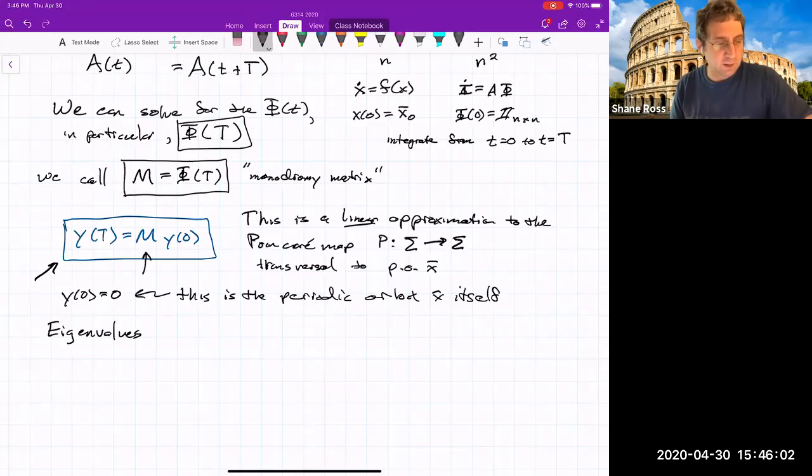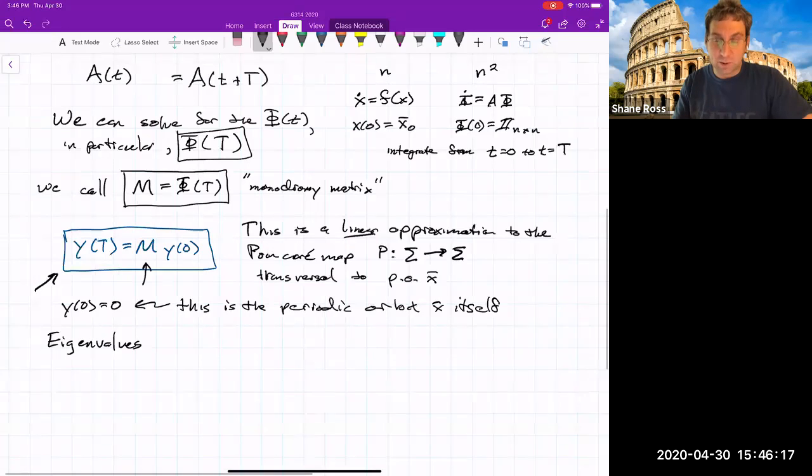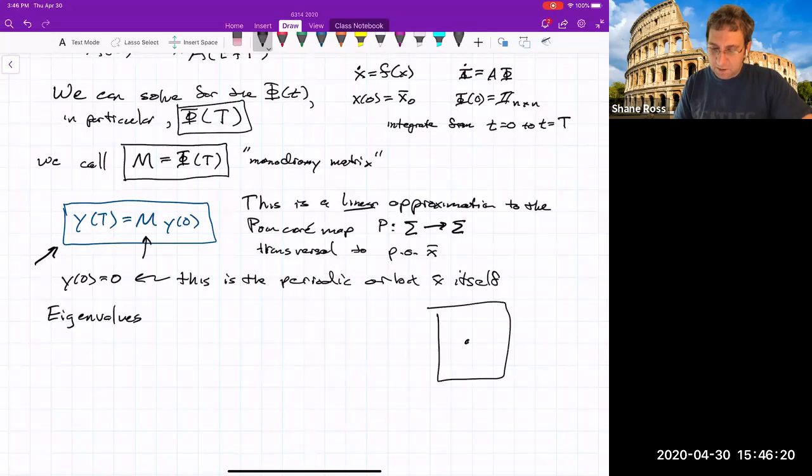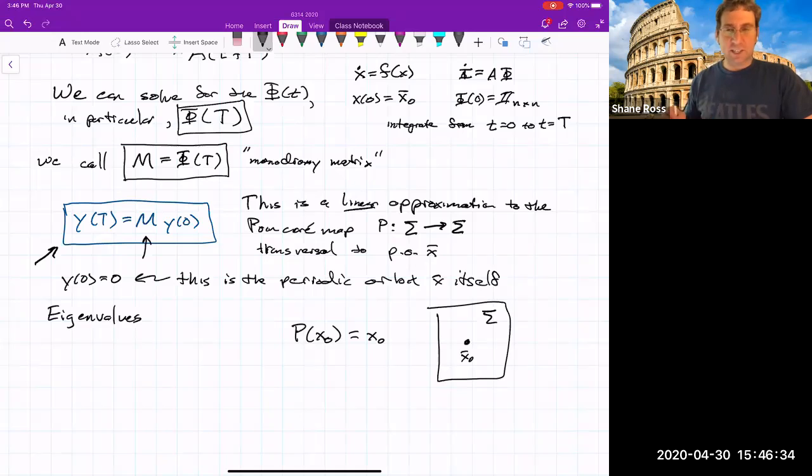I think near the beginning of the course, we talked about looking at equilibrium points of a continuous system, so equilibrium points of the ODEs and what's the stability of the equilibrium point. We're not talking about an equilibrium point now. Now we're talking about a fixed point. This initial condition on the periodic orbit, think of it as a fixed point of the Poincaré map. And we want to know what are the linearized dynamics under the map in the vicinity of this fixed point. So it's the eigenvalues and the eigenvectors.